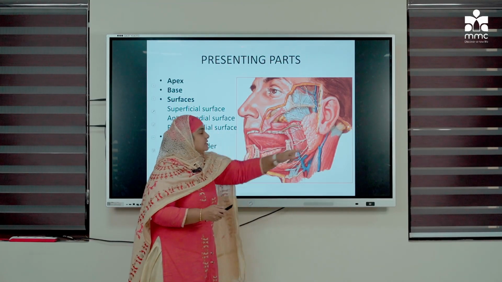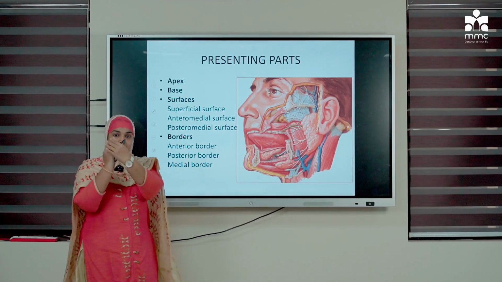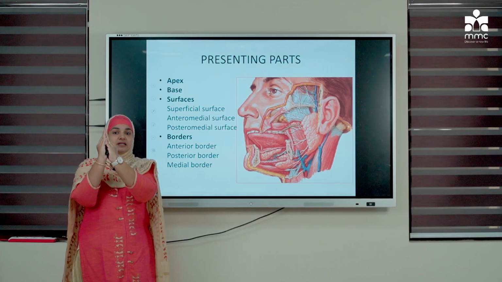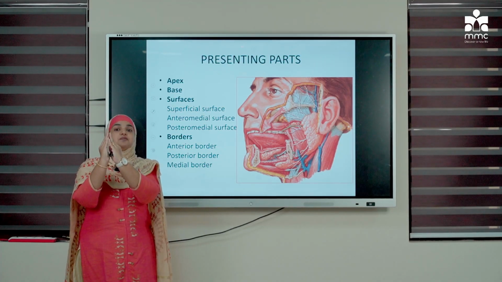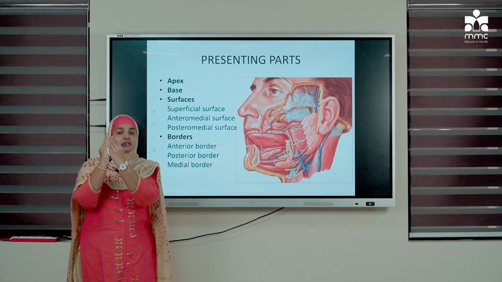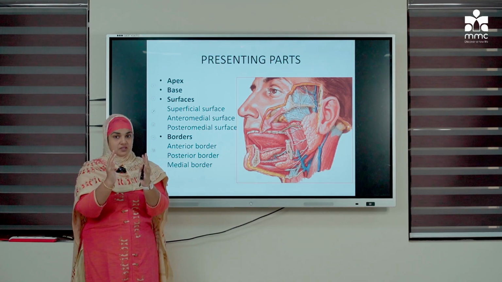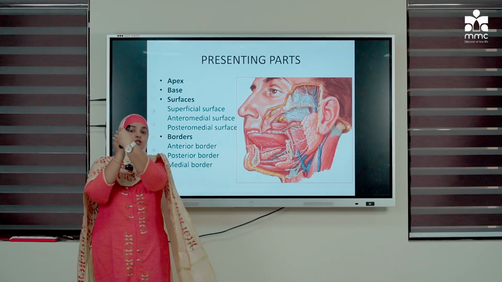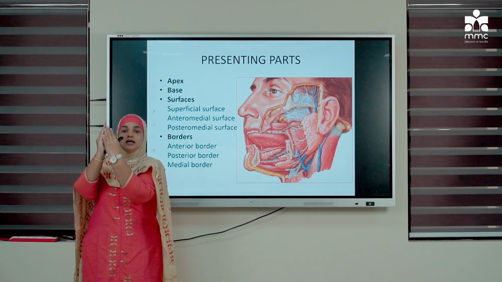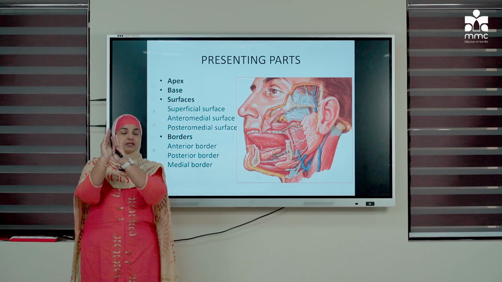This is the superficial surface, or it is also called the lateral surface. Then here will be the medial surface. Medial surface is further divided into an anterior medial surface and a posterior medial surface. So the three surfaces of the parotid gland include the superficial or the lateral surface, anterior medial surface and the posterior medial surface.